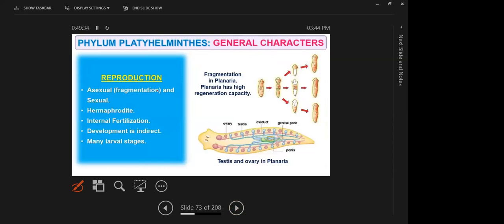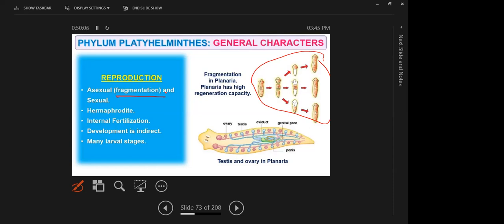And asexual reproduction, you learned last year, this is the same picture you had in your NCERT last year, correct? So they reproduce by fragmentation. After understanding fragmentation in planaria, scientists have understood about stem cell technology. So why is it possible for these organisms to undergo fragmentation?